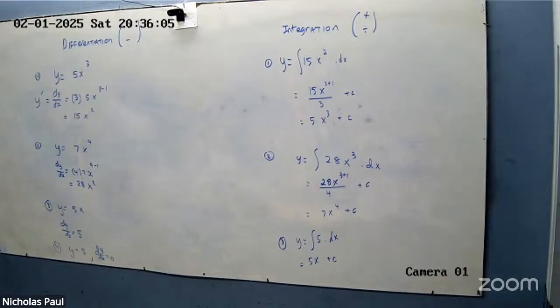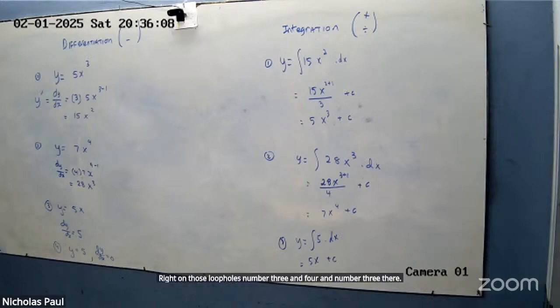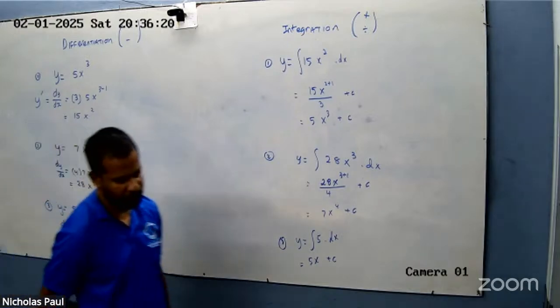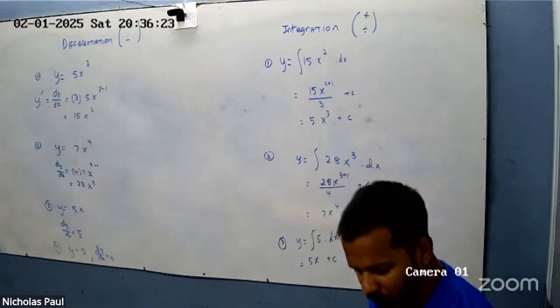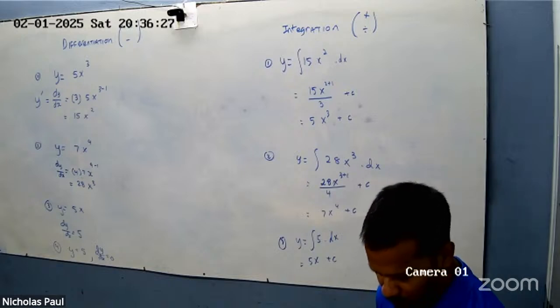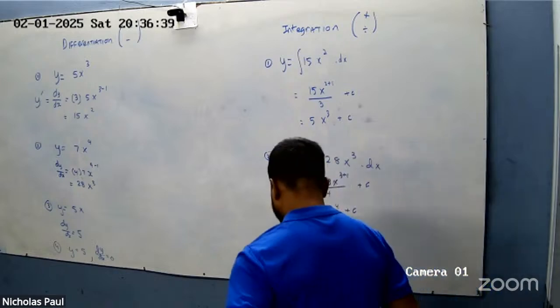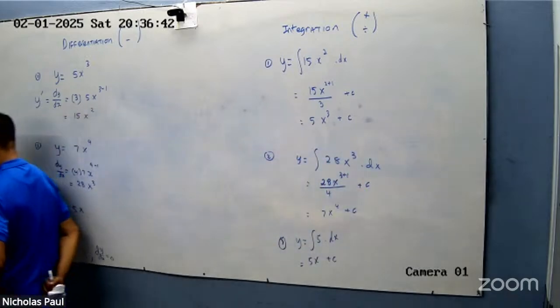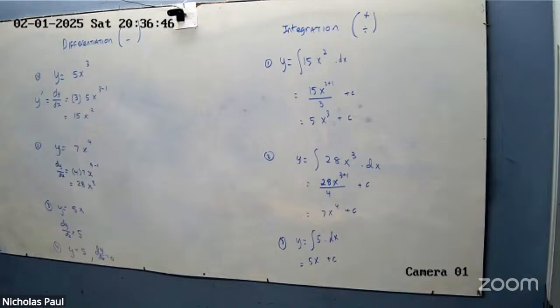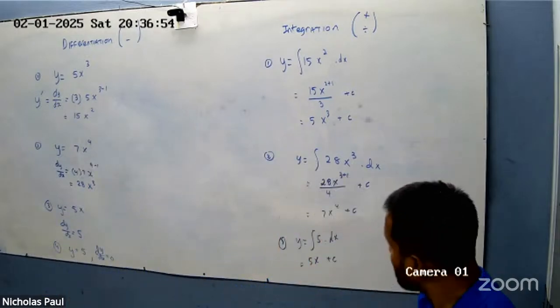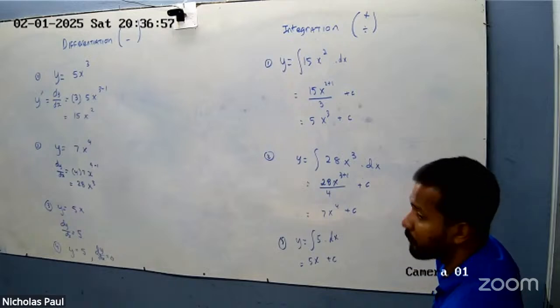Write down those two, number 3 and 4, and number 3 then. Ready? Let's go.